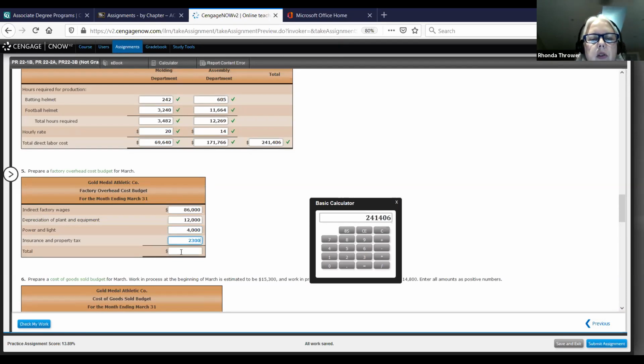You just copy down what is your factory overhead cost, and then you're going to combine them all together to get a total. $86,000 plus 12,000 plus 4,000 plus 2,300 equals 104,300. Again, it's a good idea to check your work just to make sure your math's right.